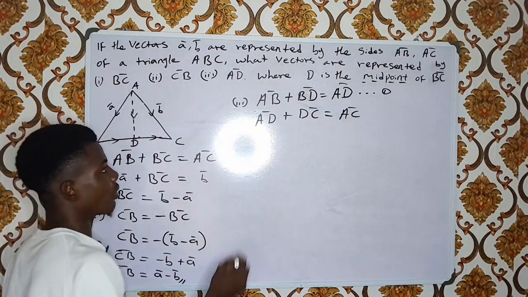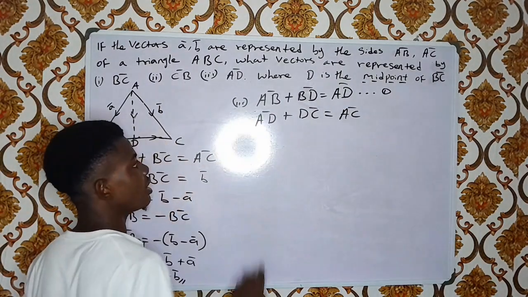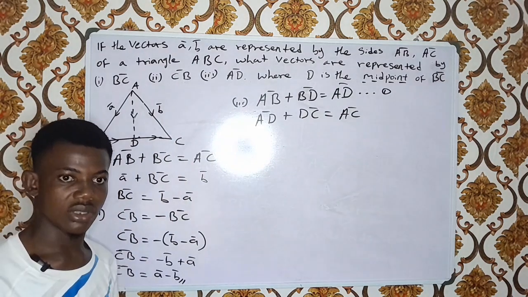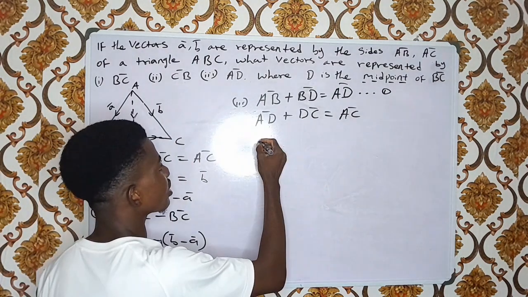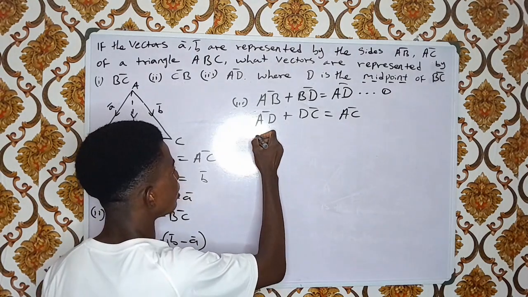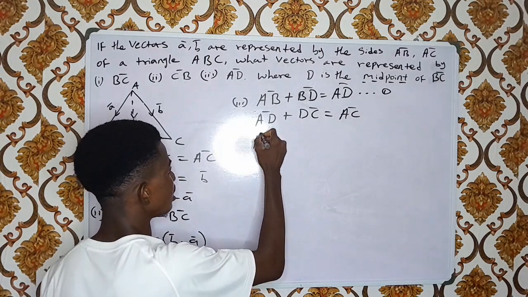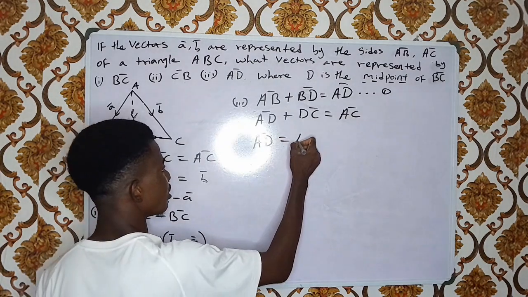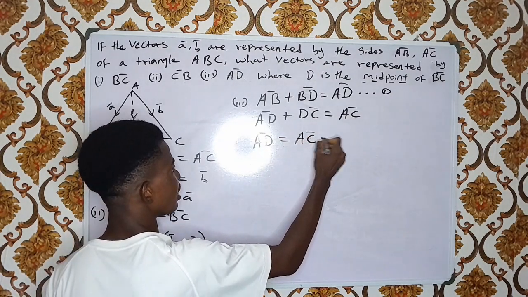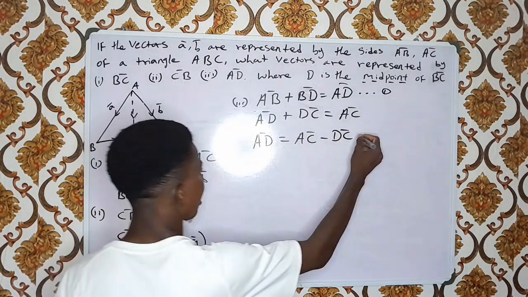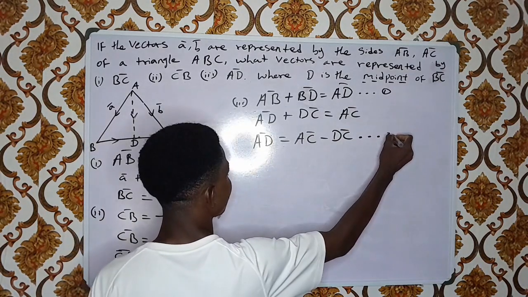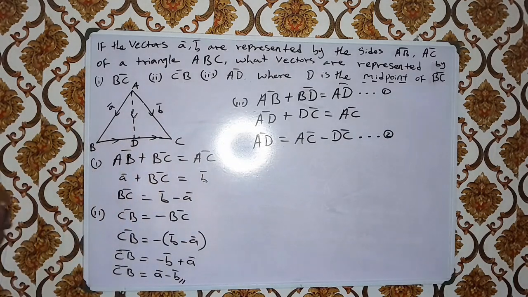From this one now, we can make AD the subject of the formula. From here, we now have AD equal to AC minus DC. We can now call this one equation 2.